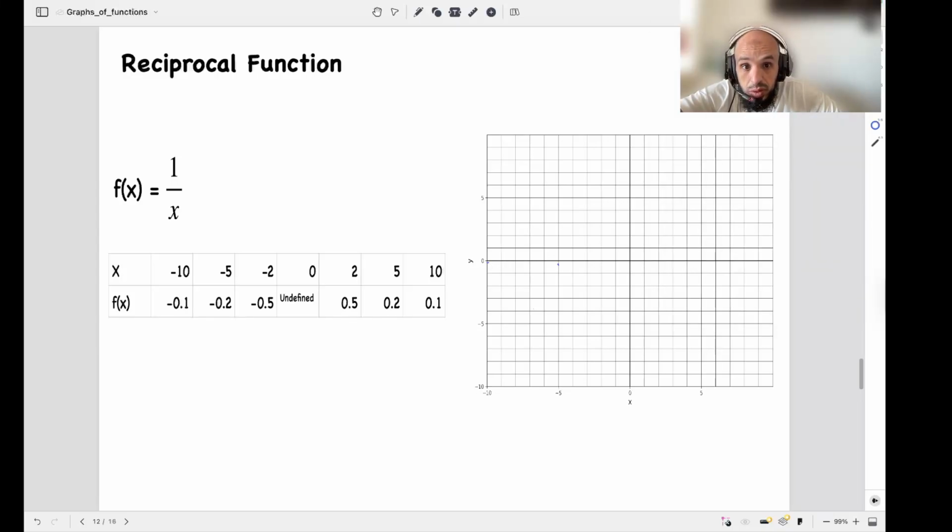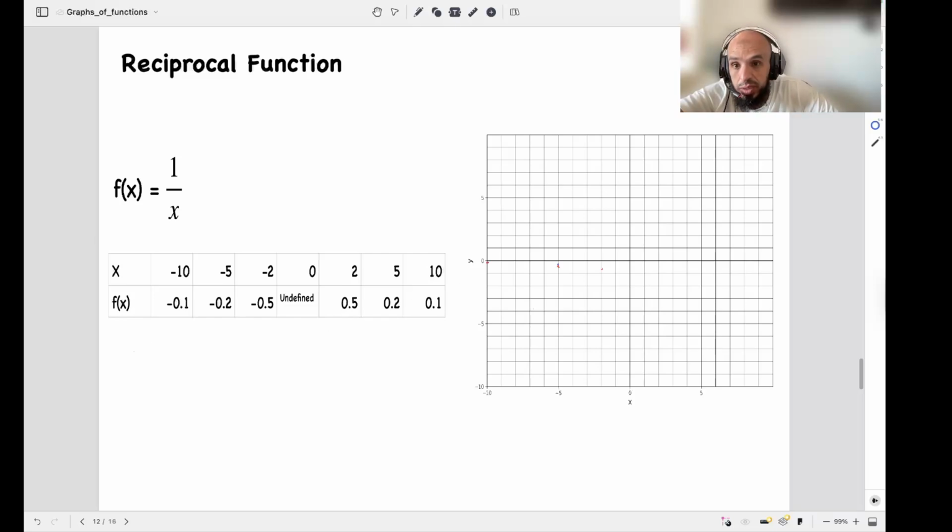So this is here. When x is equal to negative 5, f of x is equal to negative 0.2 here. When f of x is equal to negative 2, x is equal to negative half.